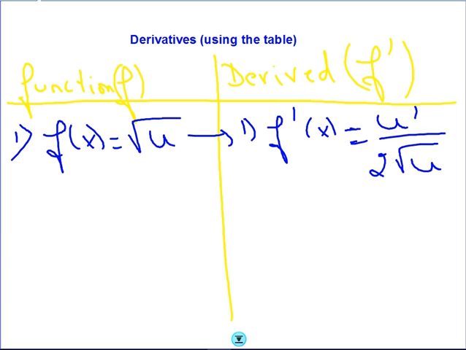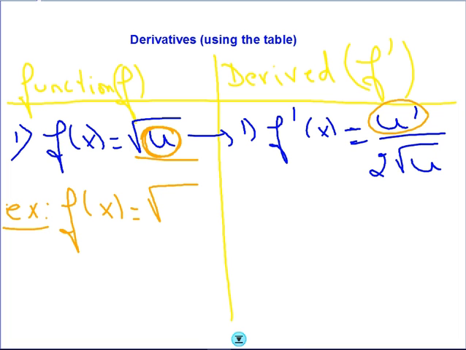So what you have to make is the derivative of what's inside the radical, u prime over 2 radical u, just write 2 times radical what you have. Example, let's say you have f of x equals radical x. What is f prime of x?